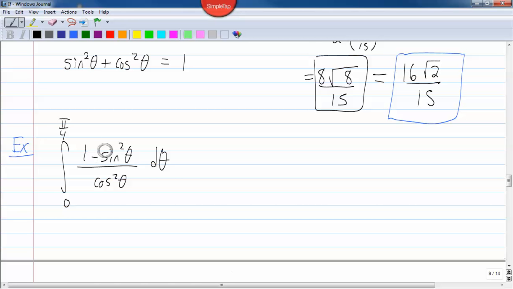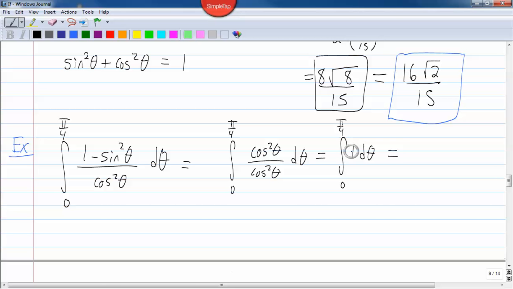So I have 1 minus sine squared theta, so I need to notice that would now be cosine squared theta over cosine squared theta, or just the integral of 1 d theta.